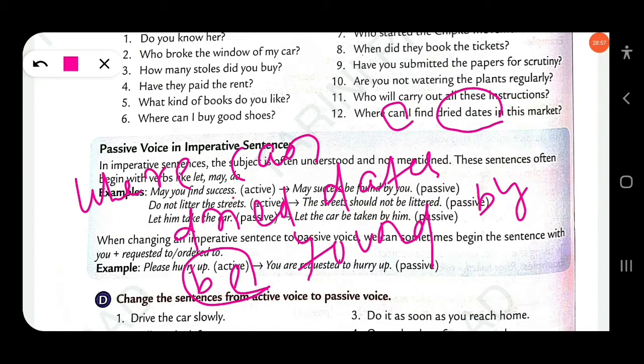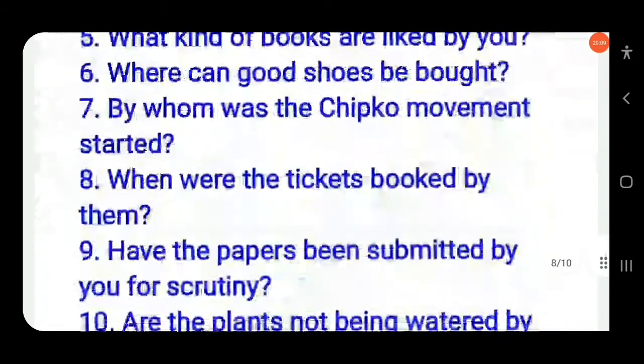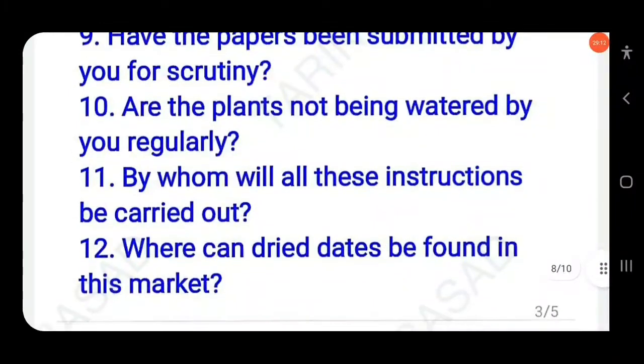Modal plus be plus V3, find, found. Where can dried dates be found? If you want to write in agentless, you don't need to write by me. Where can dried dates be found in this market? So here this is written in agentless, that means by an agent is not added here.